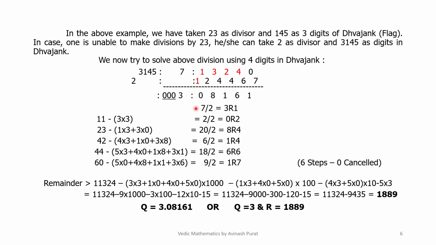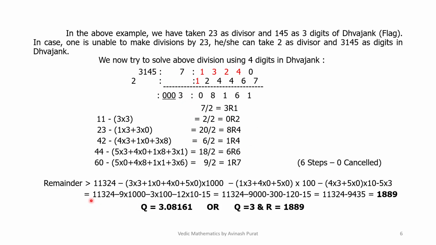Now the remainder is 11/3/24 minus 3 into 3 plus 1 into 0 plus 4 into 0 plus 5 into 0 multiplied by 1000, minus 1 into 3 plus 4 into 0 plus 5 into 0 multiplied by 100, minus 4 into 3 plus 5 into 0 multiplied by 10, minus 5 into 3.